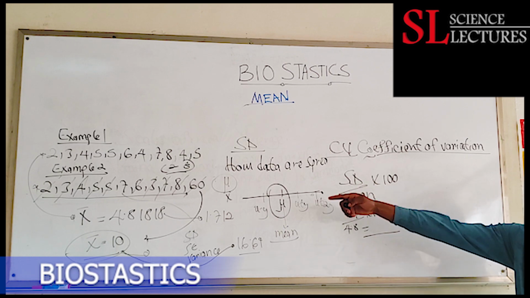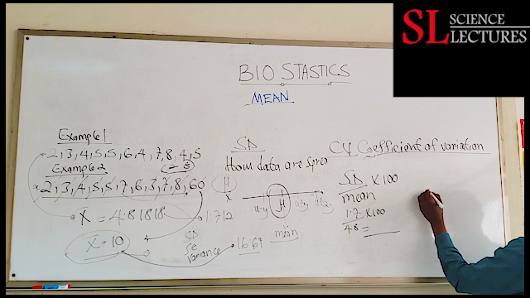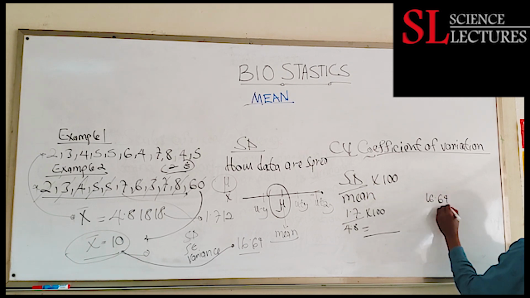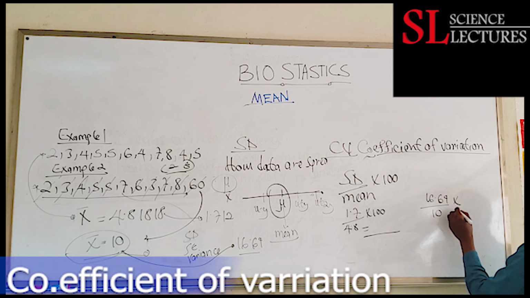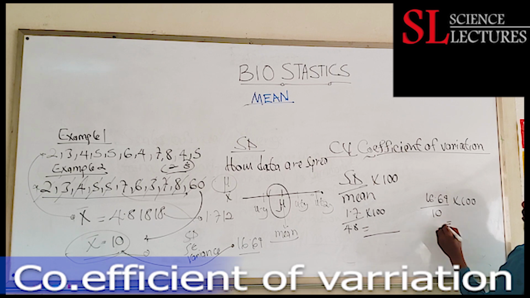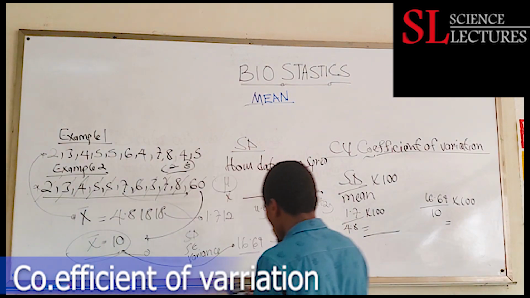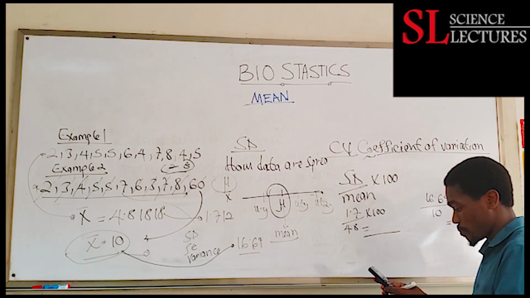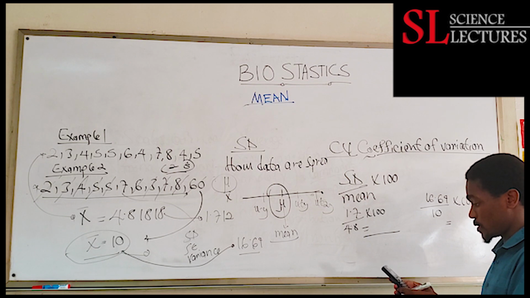Then the same applies to example 2. We'll get the standard deviation, which is 16.69, divided by the mean, which is 10, times 100, and we'll calculate the CV for each. So if we are to calculate, we'll say this is 1.7 divided by 4.8, then times 100.